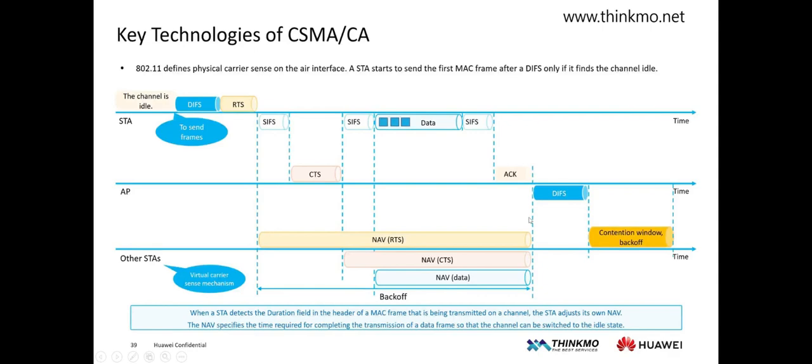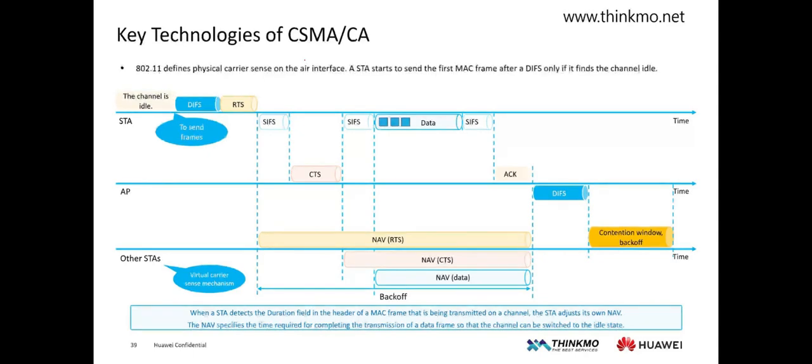Now let's take a look at the key technologies in the CSMA/CA protocol, which is also a foundation of our wireless network operations. This technology specifies in the standard that the physical layer air interface conducts physical layer listening, which is carrier listening.